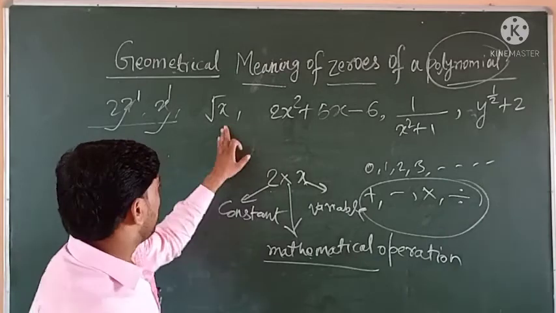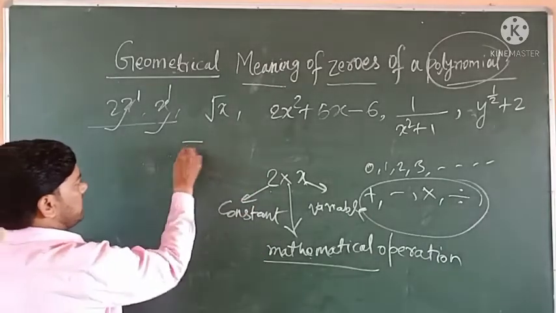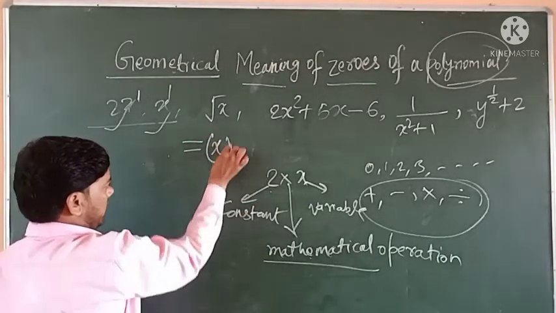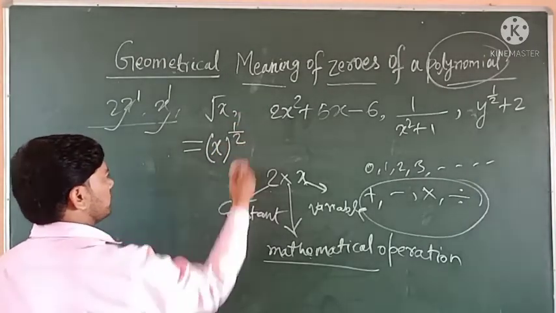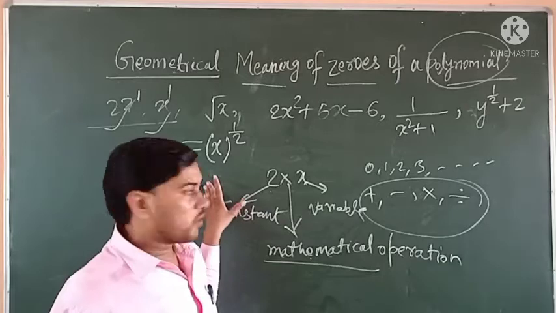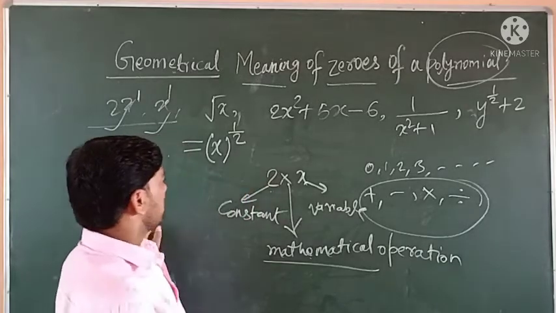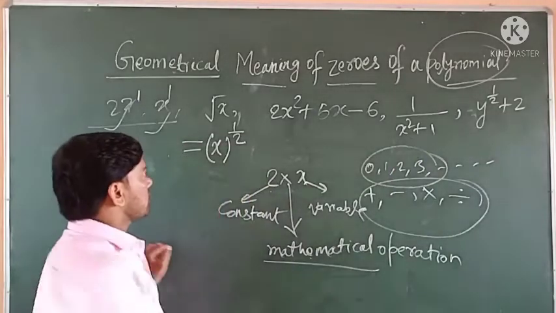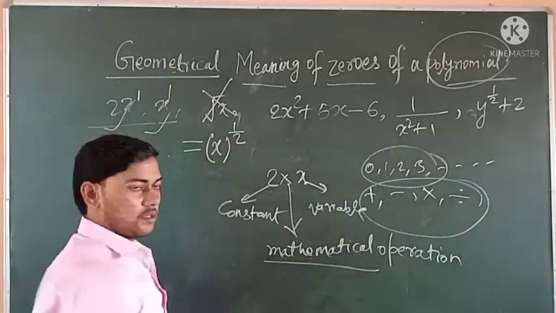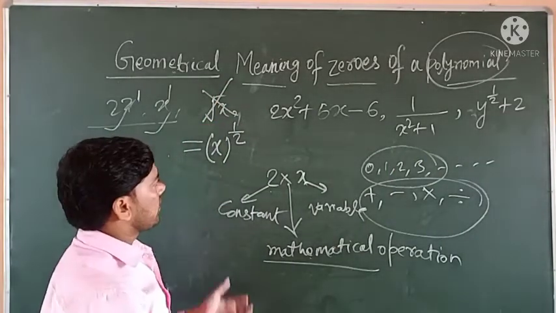Root x, under root x, can be written as x to the power 1 upon 2. 1 upon 2 is not a whole number, so root x is not a polynomial.